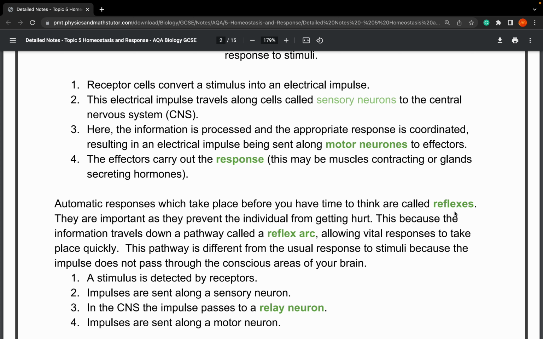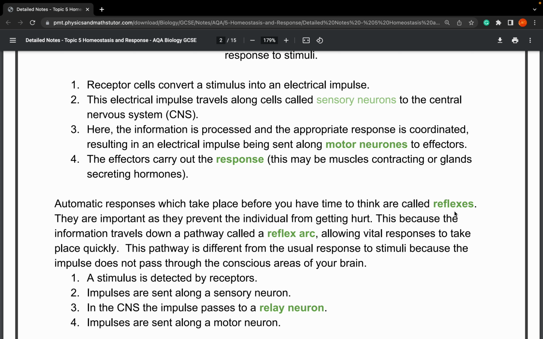This takes time, but in case of danger, the reflex acts quickly. There is no place for the brain. From the stimulus center, the whole thing is converted in the spinal cord itself and goes to the motor center and it's completed. That is known as the reflex arc.